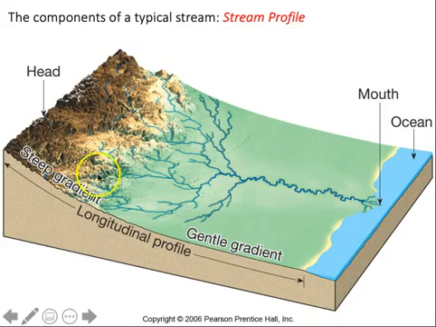As the stream flows out of the mountains, its gradient or slope decreases, causing the stream to become more curvy or sinuous. In this way, the type of stream channel changes as the stream works its way towards its base level or mouth. Here the stream stops flowing as it enters the ocean, lake, or even a dry, flat valley or basin.